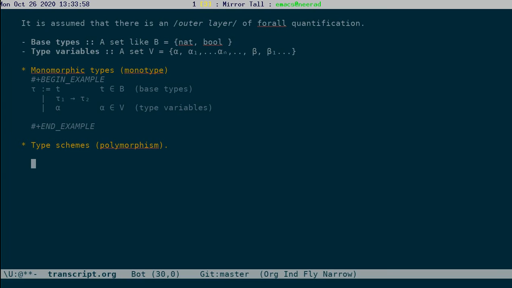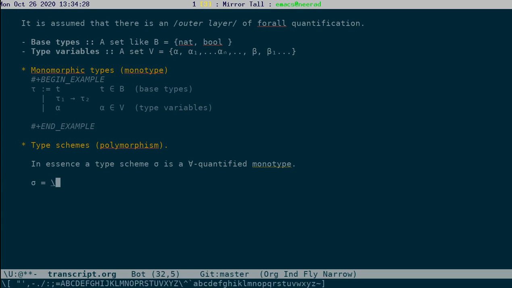The type scheme gives us polymorphism in this language. In essence, a type scheme sigma is a for all quantified monotype.